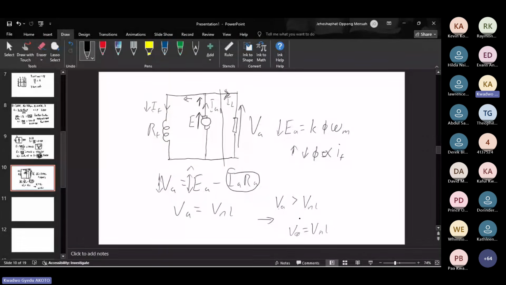And flat level compounding is when we make our EA slightly larger so that after IA RA losses, our VA becomes equal to our no load voltage, so that our voltage can be used at the generation site.